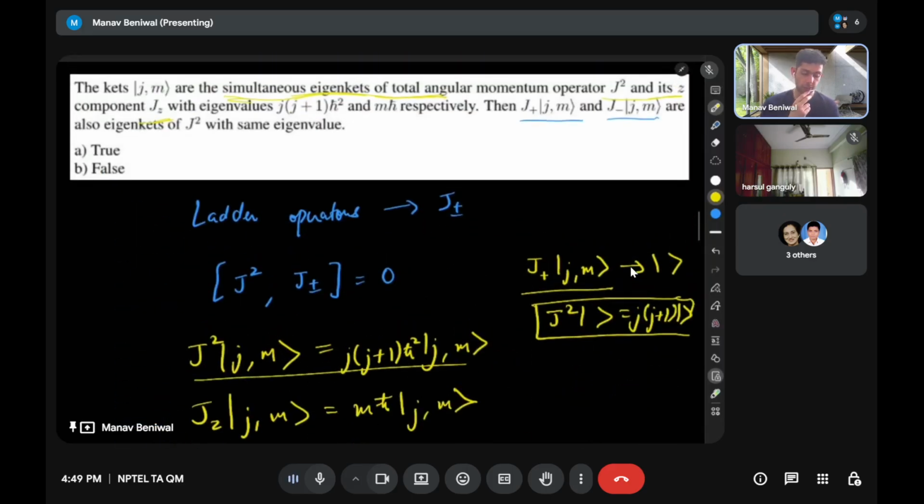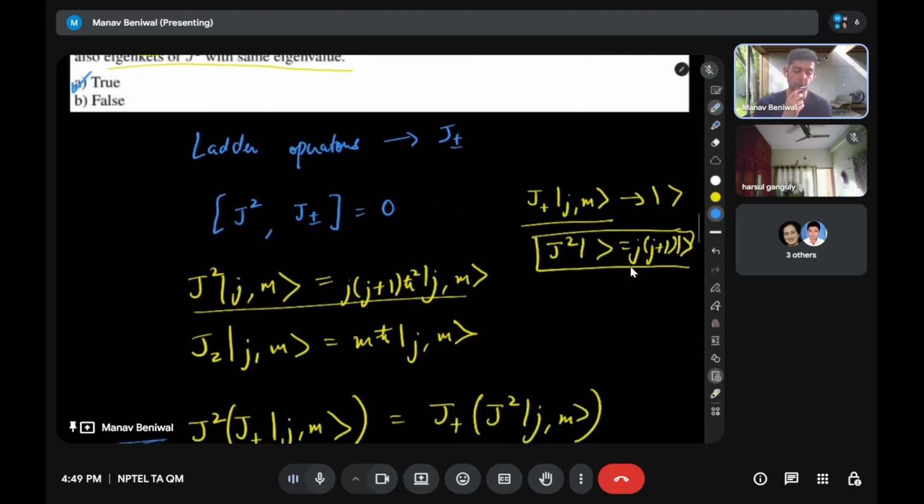That is what is given in the question, that this state j plus, j comma m, is an eigenket of J squared with the same eigenvalue. So this statement is true. We can do the same for j minus as well, because J squared commutes with both j plus and j minus, so there will not be any change. All the calculations that we have done will remain the same.